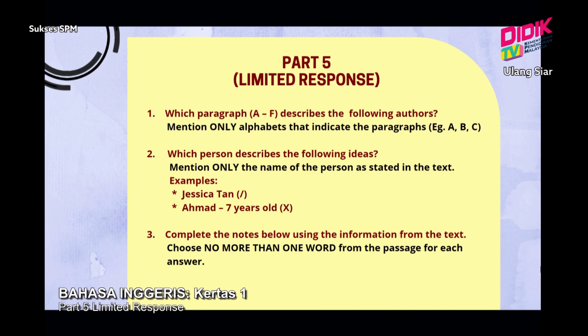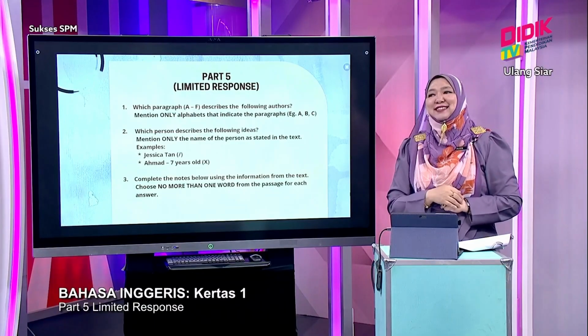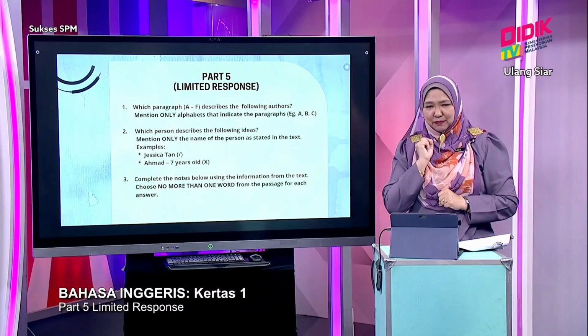For example, Jessica Tan. You write down Jessica Tan. Don't ever write 'Ahmad, 7 years old', even though the age is stated in the text, because the instruction is which person. Name only.